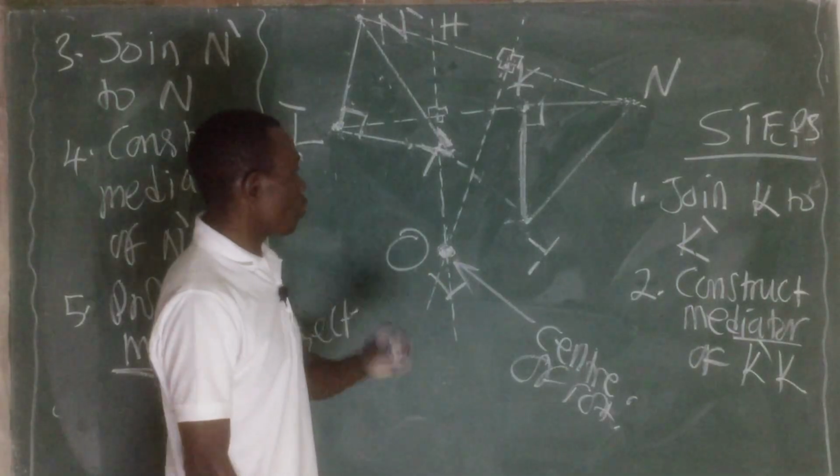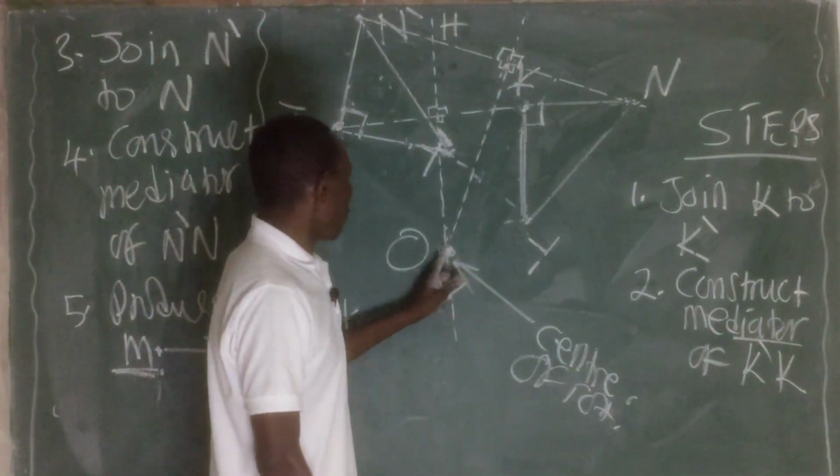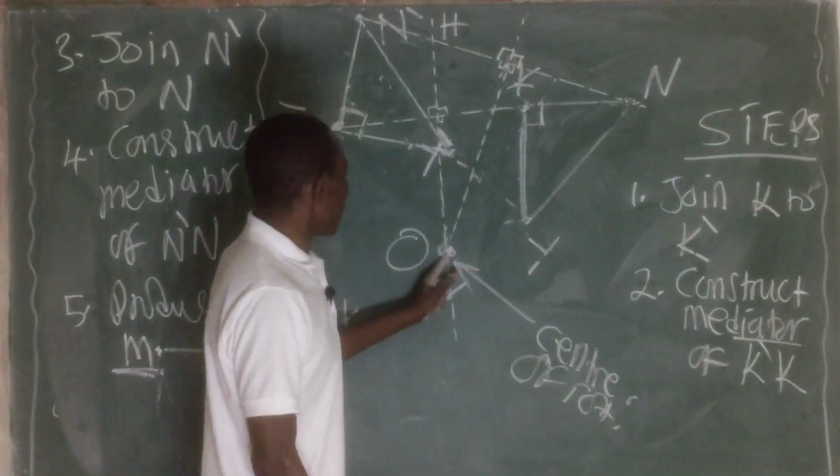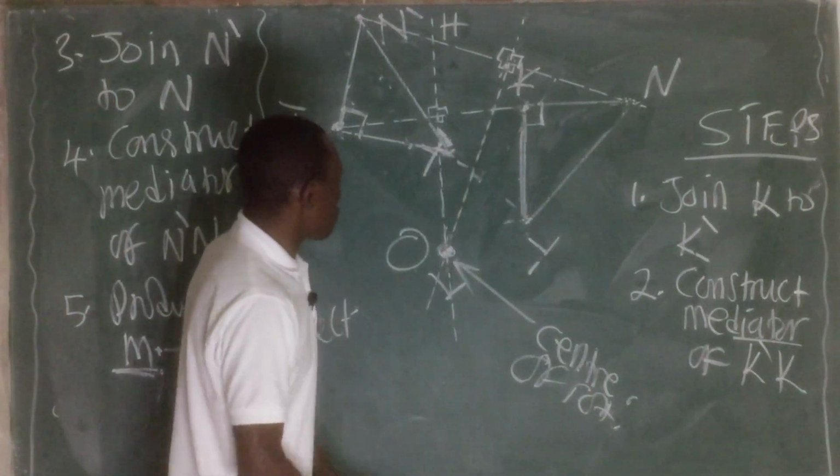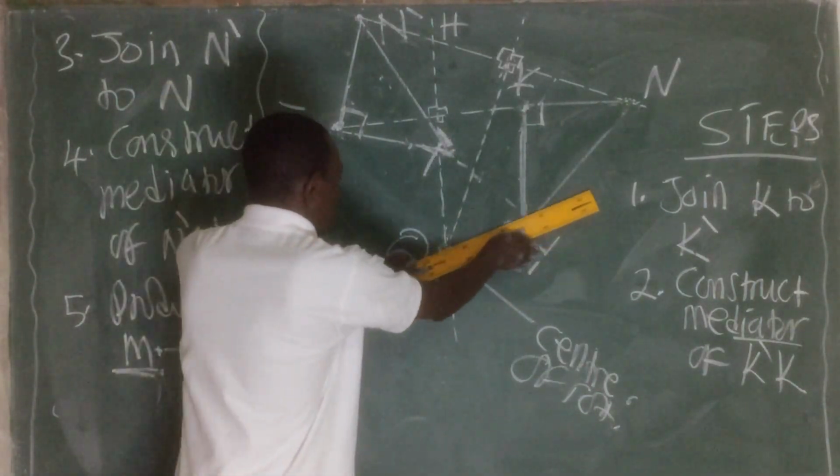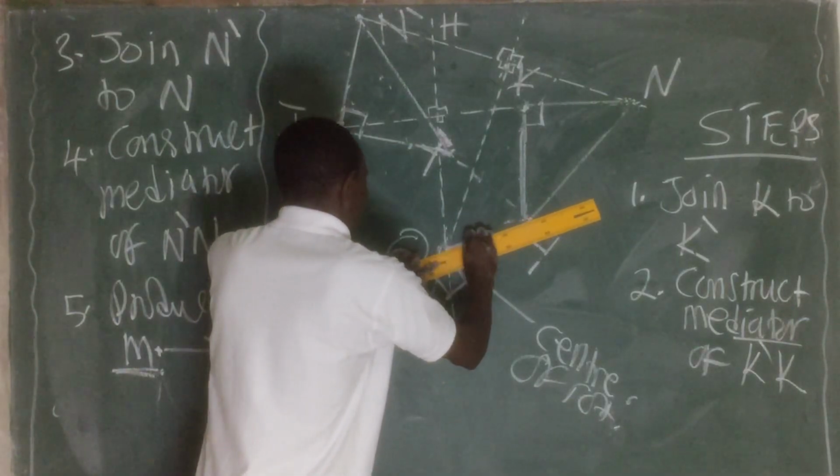Here you are likely to have 3 object lines: O to Y, O to N, or O to K. Let me choose OY. So this is the object line I choose. It goes like this.